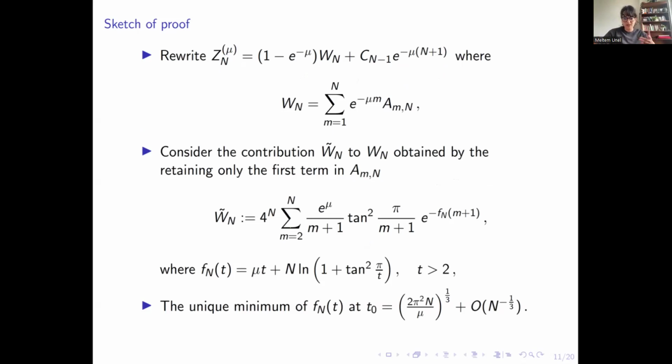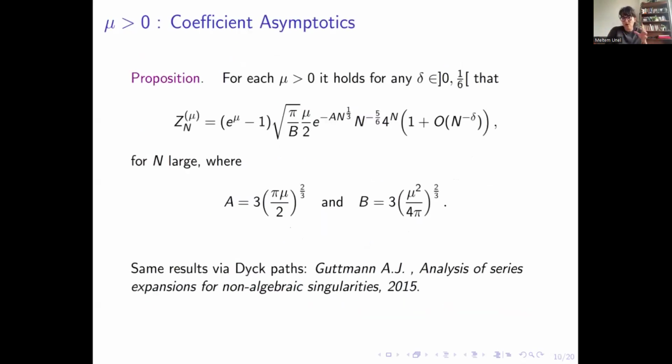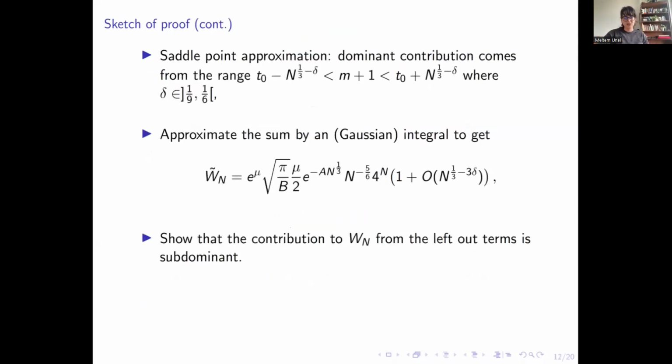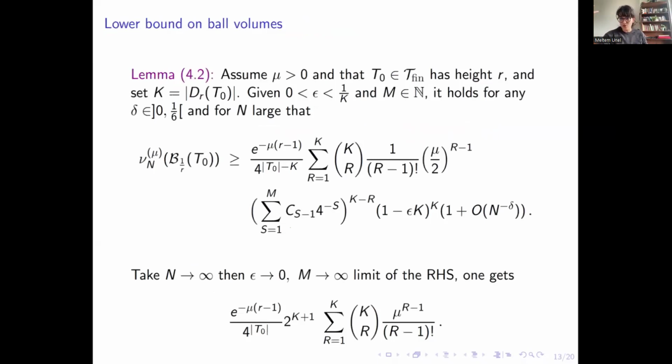The reason why we look at this window, where the height of the tree is on the order of n to the 1/3, is explicit. It comes from the fact that the expected value of the height of the trees is of the order n to the 1/3, which means that the subset of trees that dominate this ensemble with the given weight factors are trees that have their height on the order n to the 1/3.